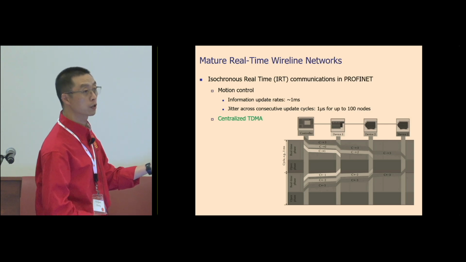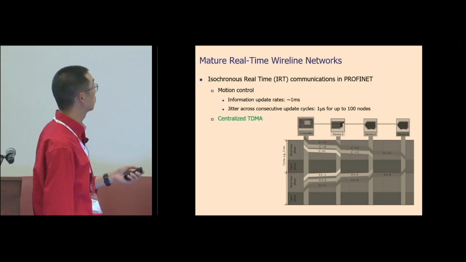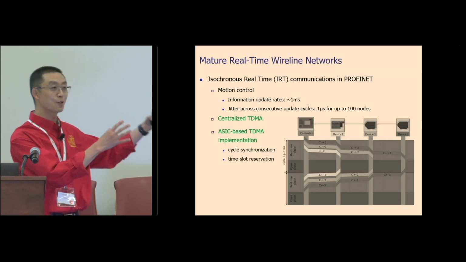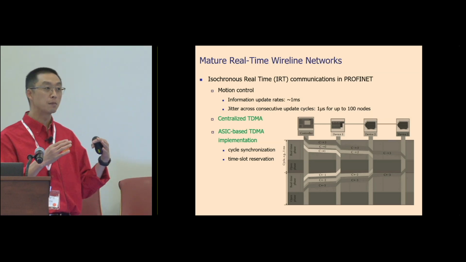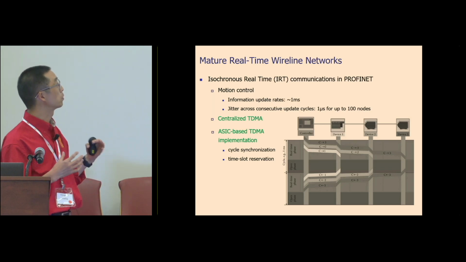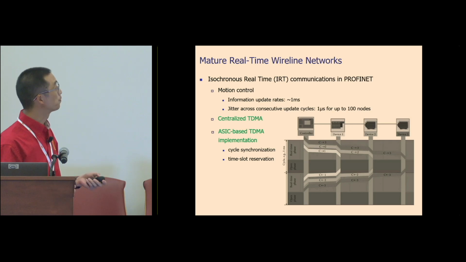Right? It's a very structured TDMA solution. In addition, even if this looks simple, they have to implement this TDMA scheduling in hardware, in ASIC, right? So as to enable precision timing control.